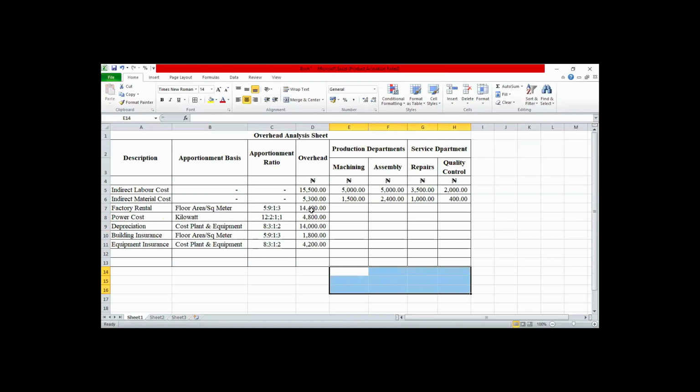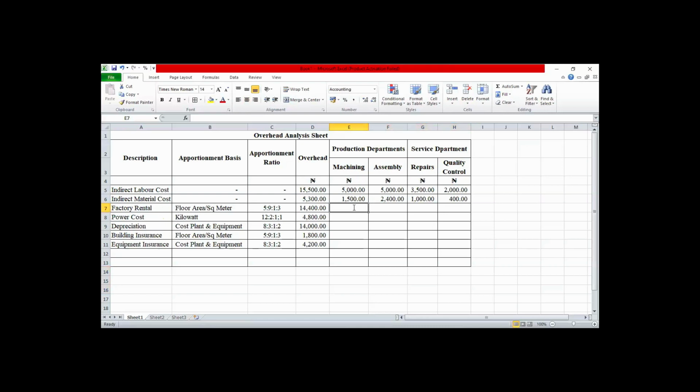You will now apportion your overhead based on this ratio to all these departments. How do you do that? You add all the ratios together for each of those items. For factory insurance, 5 plus 9 plus 1 plus 3 gives us what? 18.